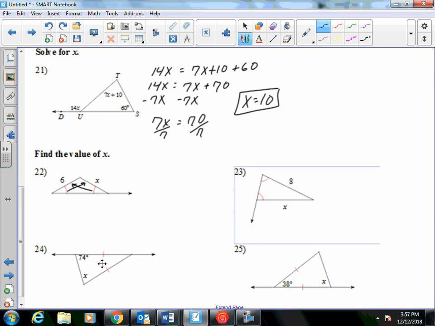So those two sides are going to be congruent, or simply x is going to equal 6. 23, same idea, two congruent angles, so the sides opposite those angles should be congruent. So x in this case equals 8.